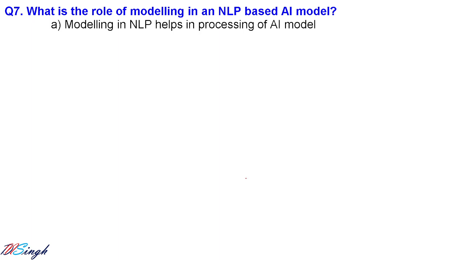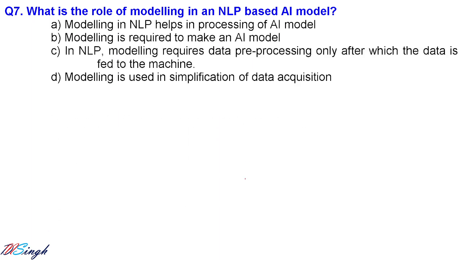What is the role of modeling in NLP? So there are 4 options given. Modeling in NLP helps in processing the AI model. Okay, fine. Modeling is required to make an AI model. This is also not appropriate. In NLP, modeling requires data pre-processing, only after which data is fed into the machine. This is correct. Why?